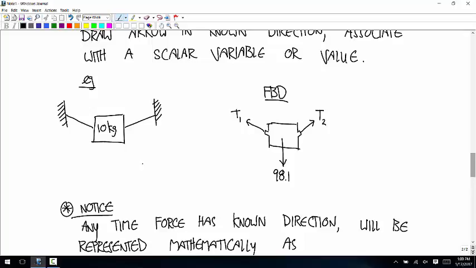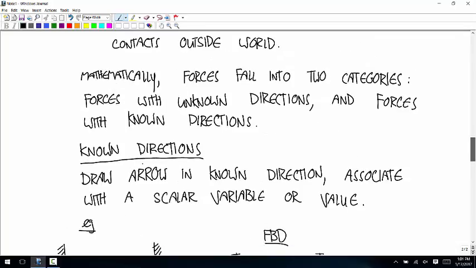And then you multiply it by 98.1. You're still taking the magnitude of that vector and multiplying it by a unit vector representing the direction. So that is if we have forces with known directions.